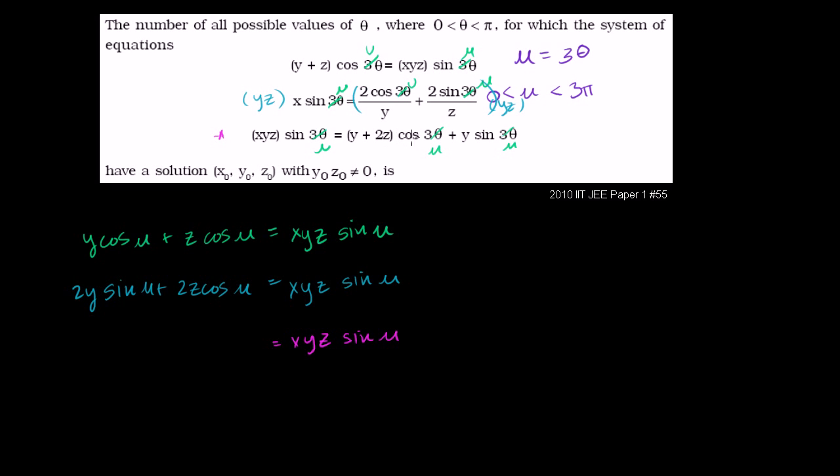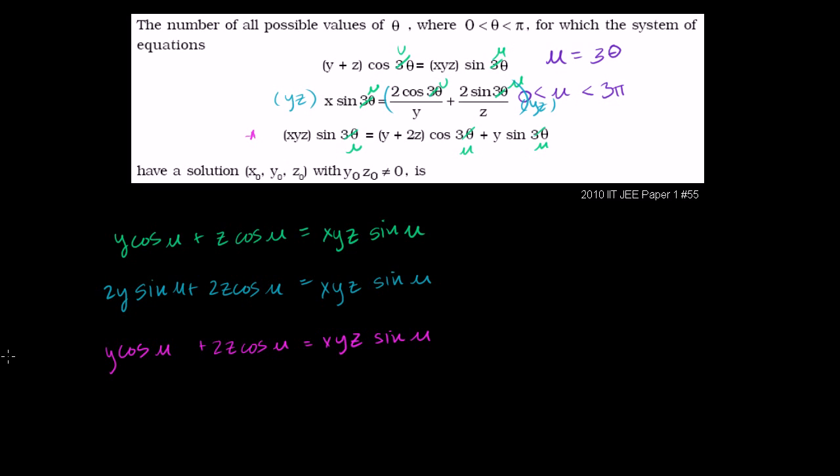We have a 2z cosine of u, plus y cosine of u. That's that times that, plus y sine of u. So let me scroll to the right a little bit. Y sine of u. So I've rewritten these three equations.